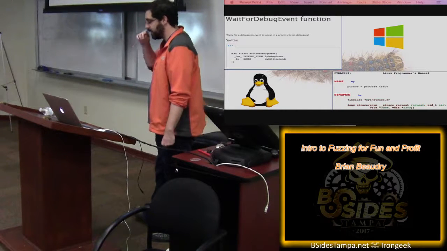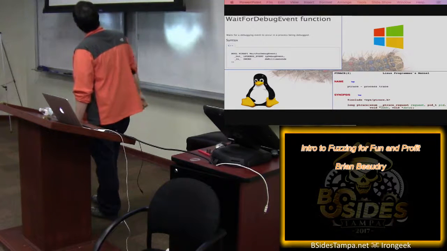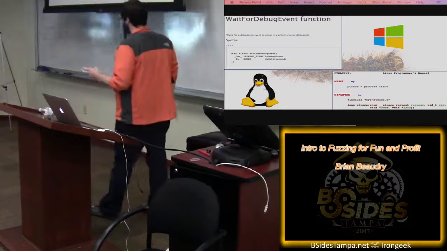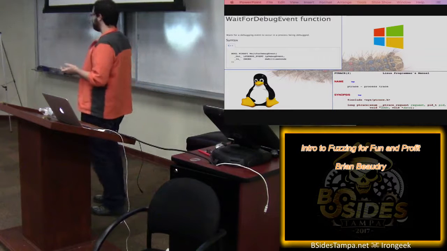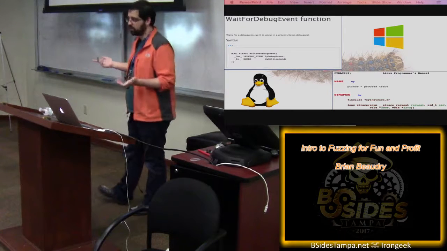When you're actually doing the debugging, these are the functions you would use in writing your own debugger. In Windows, you would use the CreateProcess API and pass it a debug flag. That tells the operating system, okay, I'm going to be listening for debug events while this application runs, so let me know how it goes.